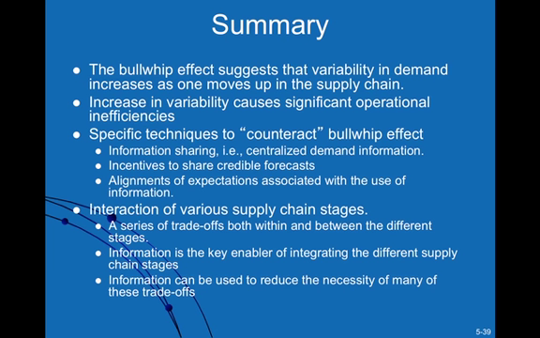There are several strategies that can be used to counteract the Bullwhip effect, because if you don't, the added cost of inventory in your system can wipe out some of the margins that can be made from the supply chain. So sharing information certainly assists with that, as does providing incentives to share credible forecasts, and aligning expectations associated with the use of the information. In other words, don't produce more information than you actually need.